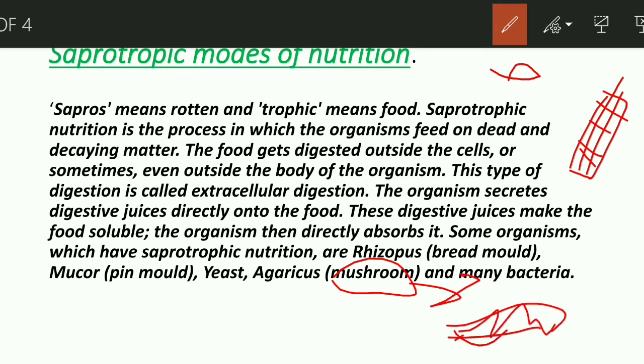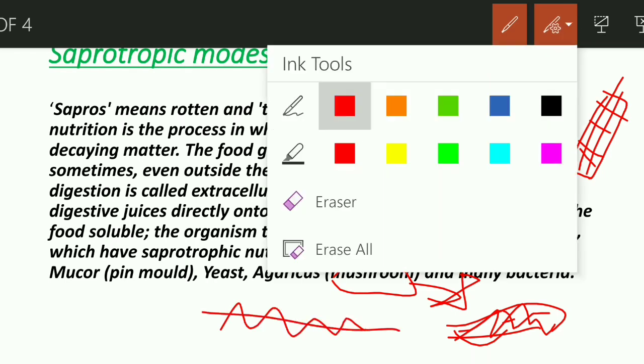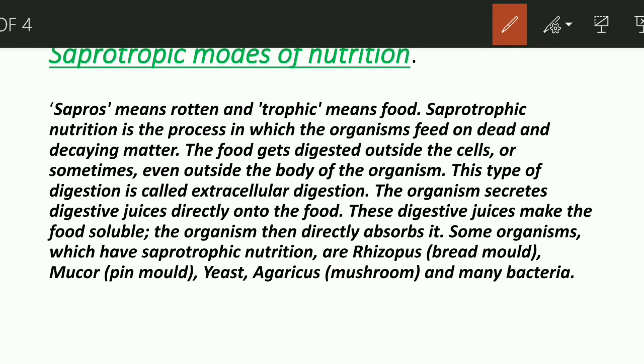Imagine that this is their food. They secrete the digestive juices onto it, and when the food gets into soluble form, they directly absorb it, and all is good. Okay, and my friends, this type of digestion is called extracellular digestion.